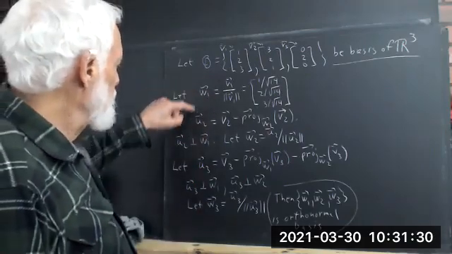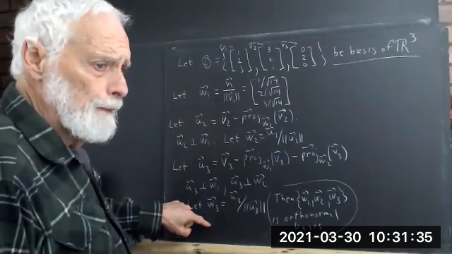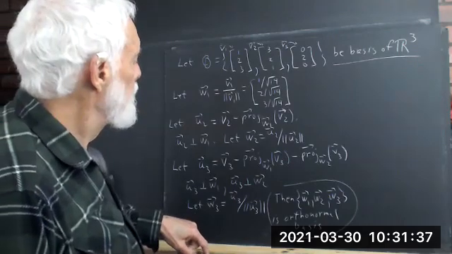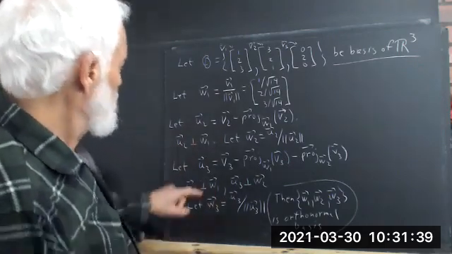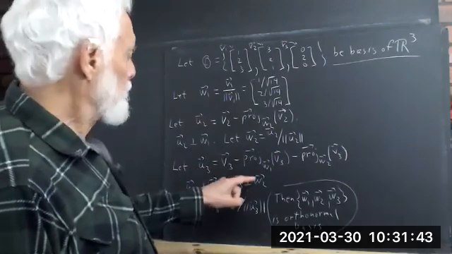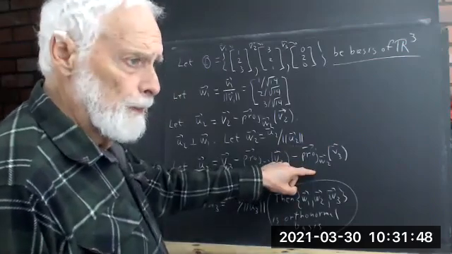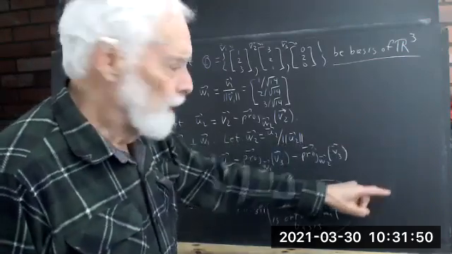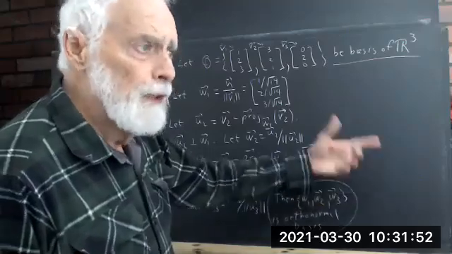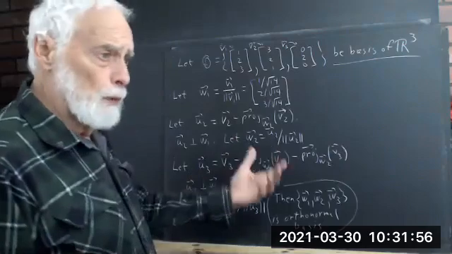You're going to already have your W1, W2, and W3. And then your U4 will be your V4, but then you've got to subtract the projection onto W1 and the projection onto W2, and then the projection onto W3. So you'd have 3 of these projections to subtract. Nothing mysterious about that. That's what works.